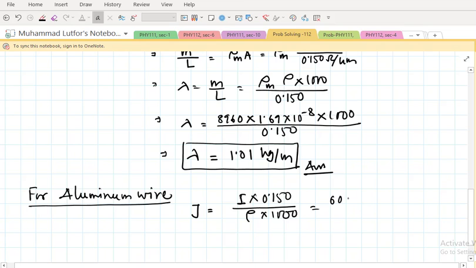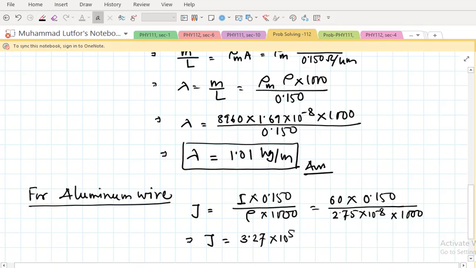Now 60 into 0.150, and the resistivity of the aluminum wire is 2.75 into 10 to the minus 8 ohm meter into 1000, where I convert kilometer into meter. That will give me 3.27 into 10 to the power 5 ampere per meter square.